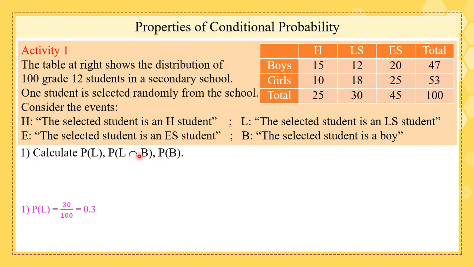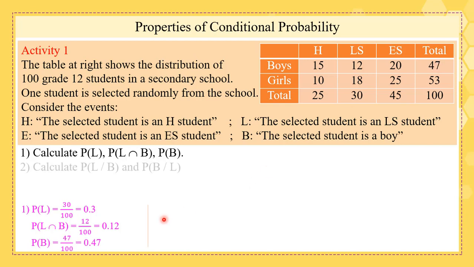Now P of L intersection B, we need the student to be LS and boy. So LS and boy, we're going to have 12 over 100. And P of B, which is the selected student is a boy. To be a boy, the probability is 47 over 100.